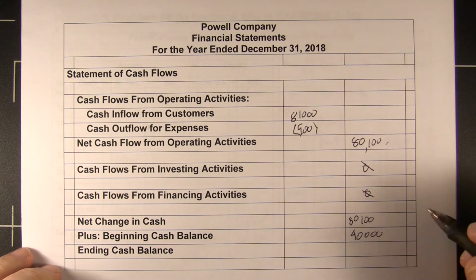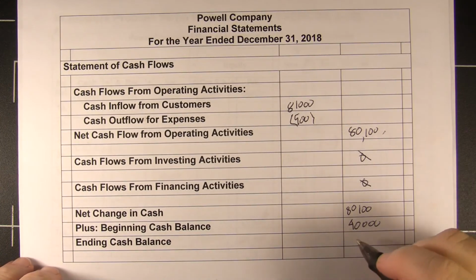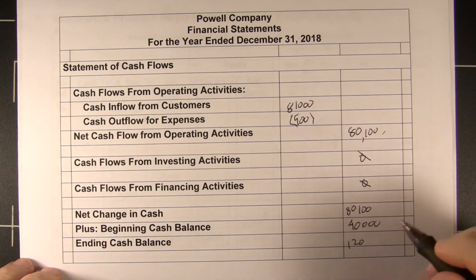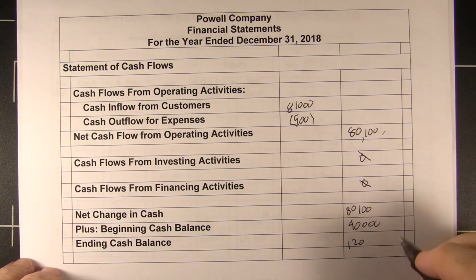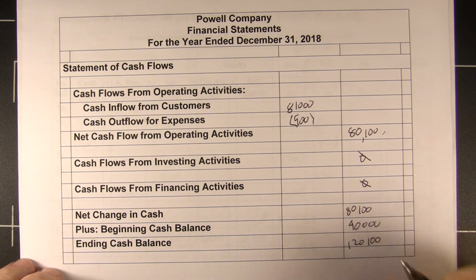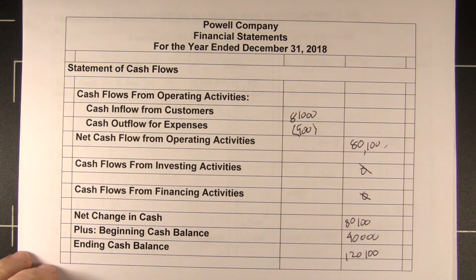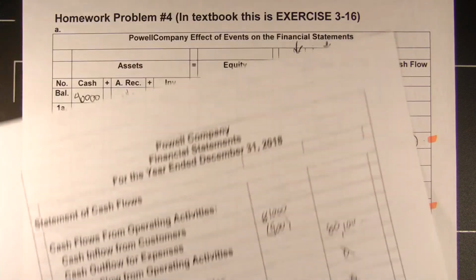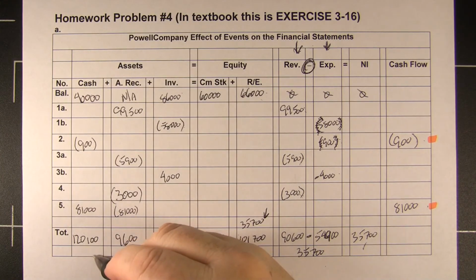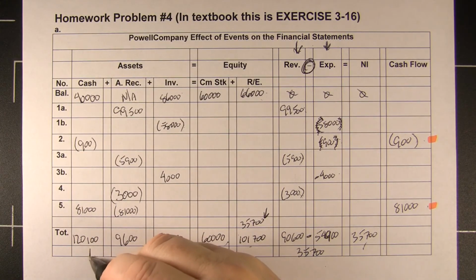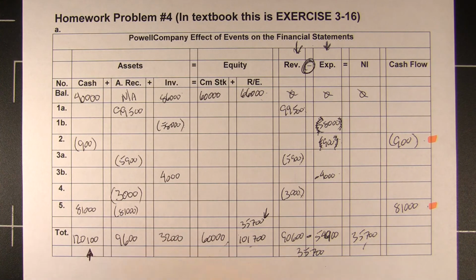You add those together, the ending cash balance is $120,100. And unless we screwed up, that should be at the bottom of this column, and it is. So you see, all these pieces do fit together. It's just a matter of going through them in order, doing it piece by piece, line by line.